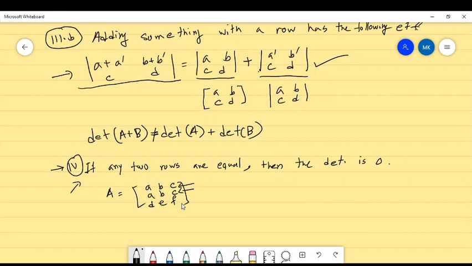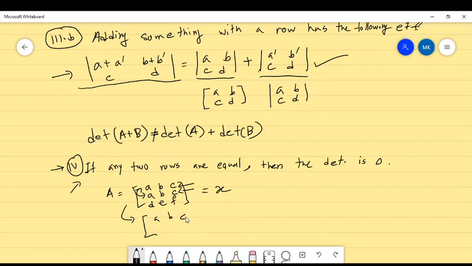Let's say its determinant is X. Now if you exchange these two rows, what would be the effect on this matrix?